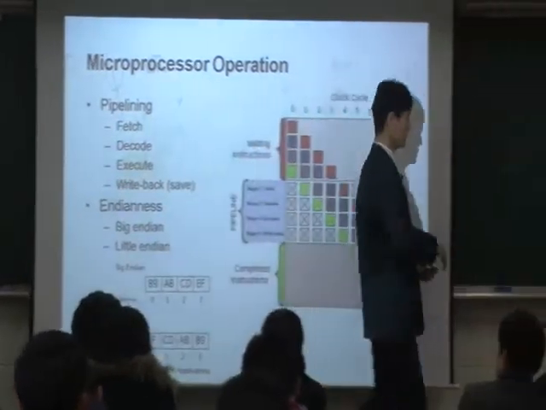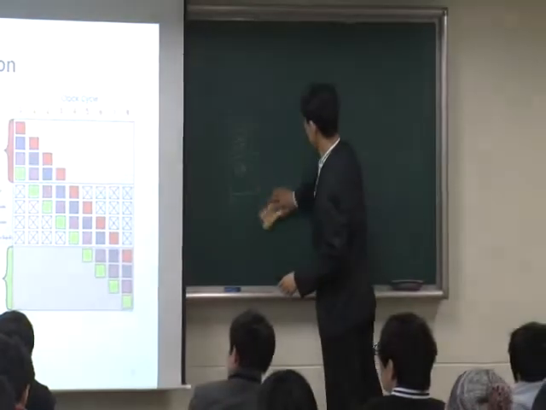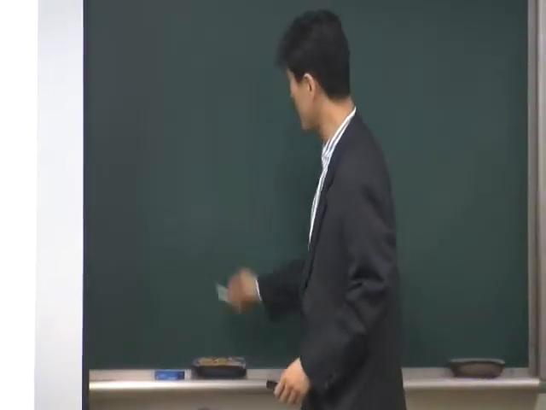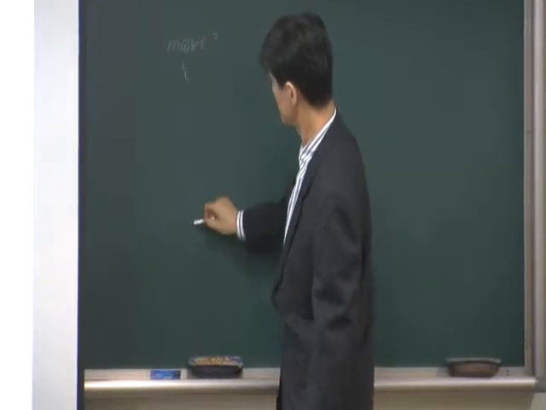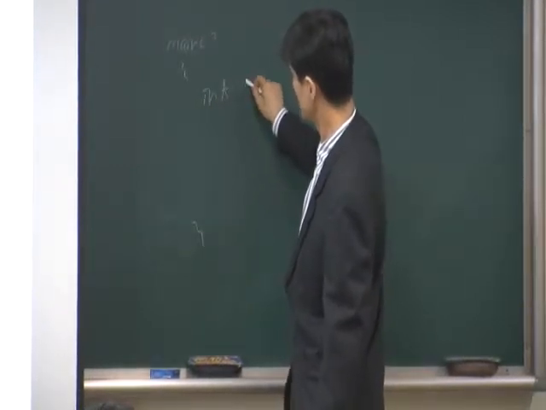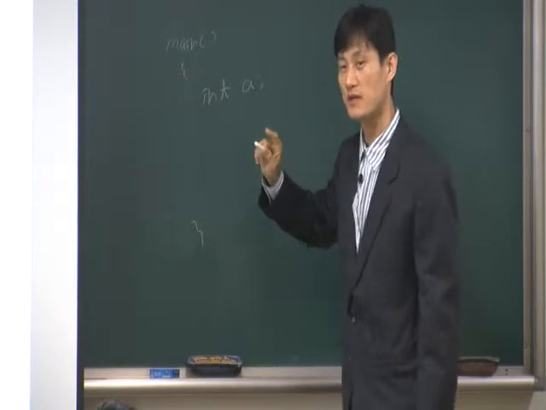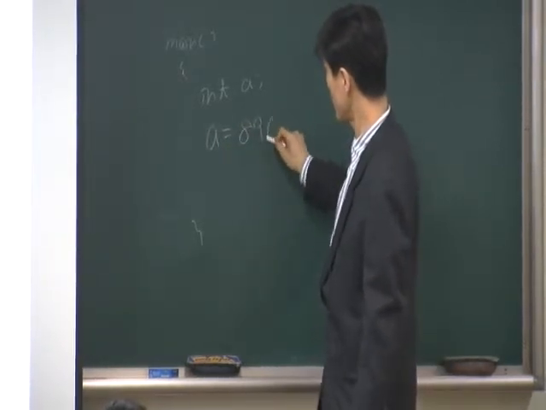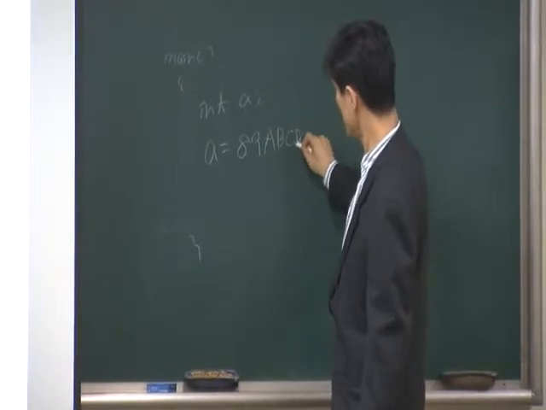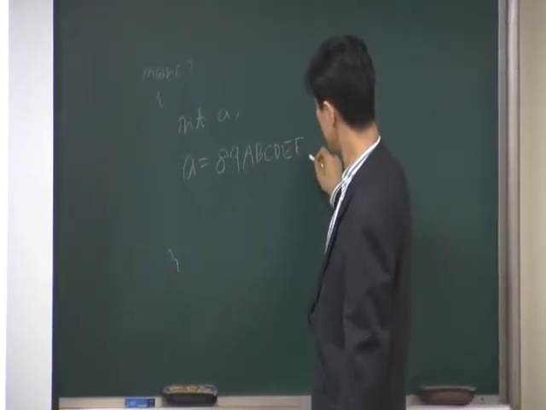So what I'm saying is this. Let's say I write a C program, and in my C program I declare an int, that's a 32-bit, and in my int I have 89ABCDEF.